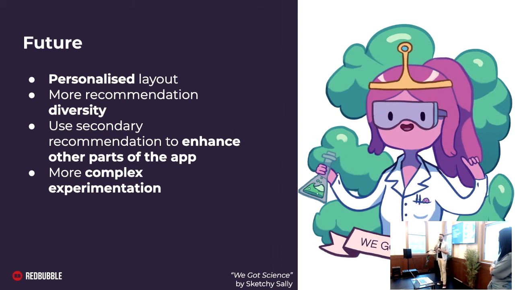We want to increase the amount of recommendations we deliver to users and start enhancing other parts of both the website and the mobile app. We also want to start delivering more complex experimentation architecture, experimenting with multiple variants at the same time, and looking at experiments in combination and isolation. Some really nice stuff around that.